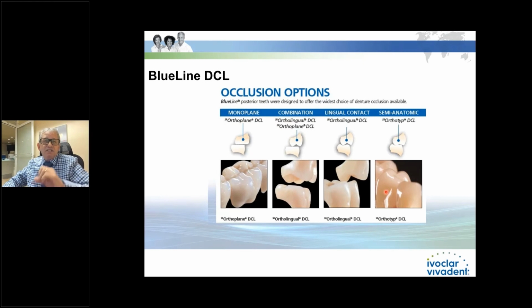So everybody loves that it's all Vita A to D shades, the bleach shades, everything is good. So we sell a ton of these, and I use a ton of these, especially if I think the porcelain, with all that glass in the composite, is going to chip or break, or I have an elderly patient that may shake a lot and drop things in the sink. Then maybe not use that.